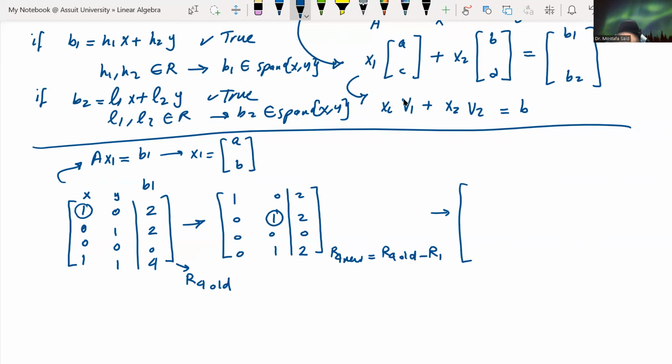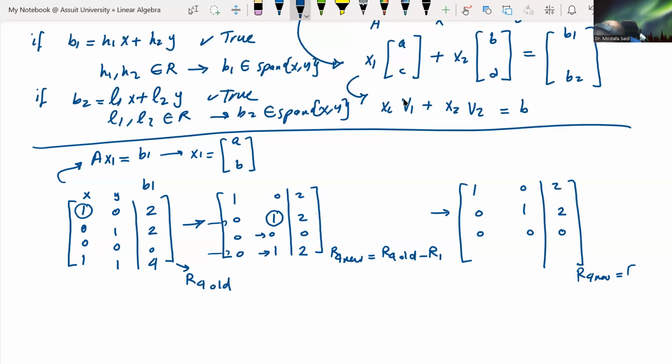Let's now concentrate on the second one on the main diagonal. We should make all subsequent elements in that column below this one equal to 0. This guy is okay, it's already 0. We just need this one. So let's write this again: 0, 1, 2, 0, 0, 0. Then we subtract rows: new R4 equals old R4 minus R2 this time.